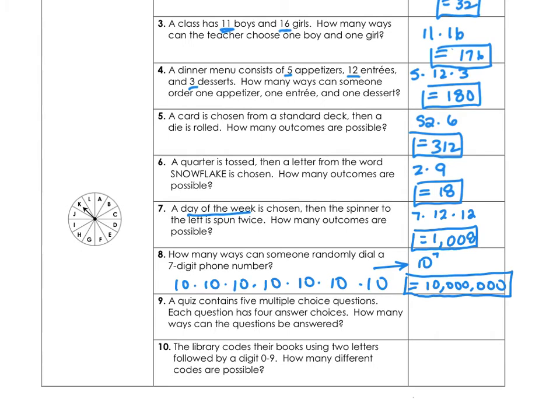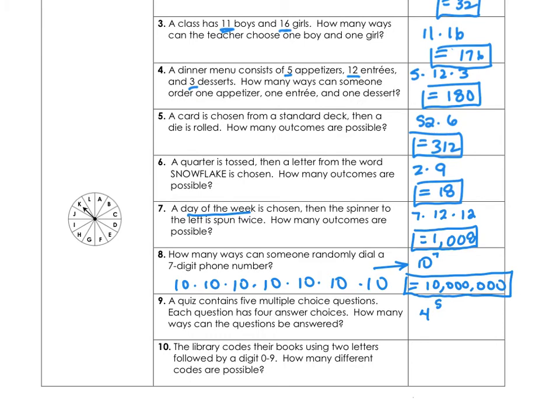Okay. A quiz contains 5 multiple choice questions. Each question has 4 answer choices. How many ways can the questions be answered? All right, so we've got 4 choices that we can choose from, and that's going to be 5 different times.